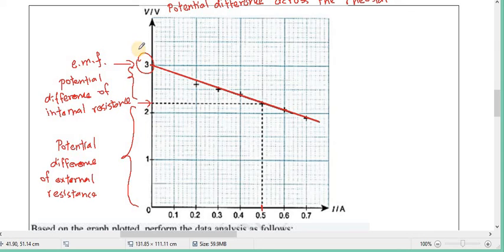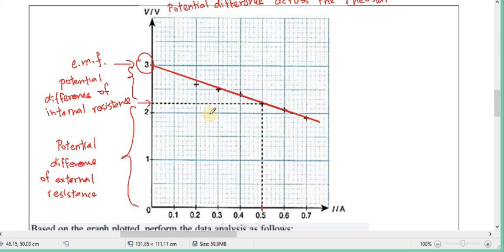You see, from here to here, if you take 3, which is the EMF, minus this value, which is the potential difference of external resistance, then you get the potential difference of internal resistance.